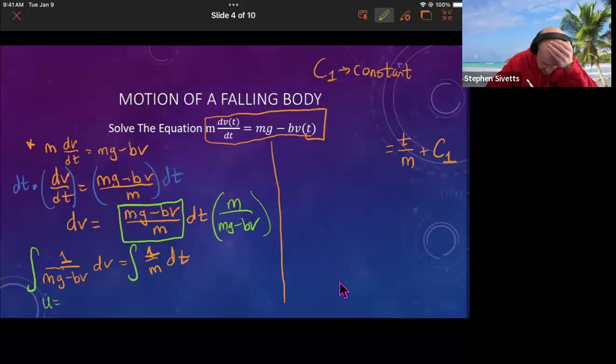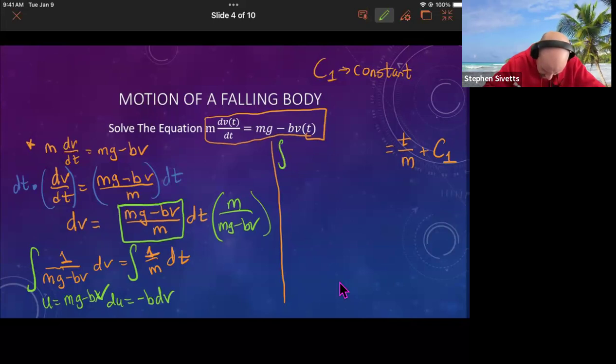So if I use u equal to the quantity in the denominator on the left-hand side, du is, or I should say dv, sorry, so that's 0 and minus b times dv. And the left-hand side, in terms of u, will have minus 1 over b times 1 over u du.